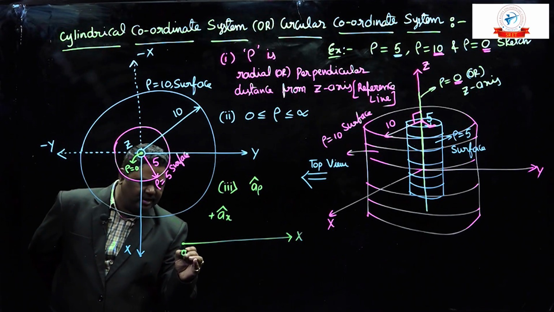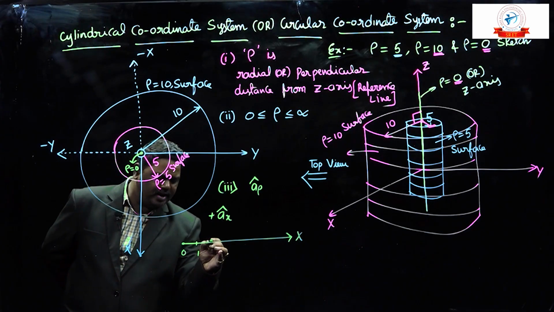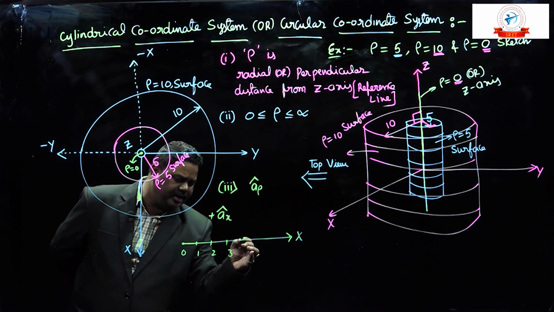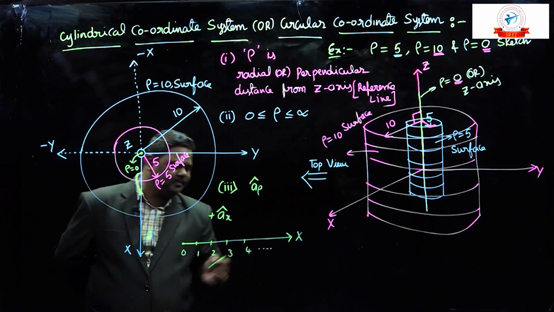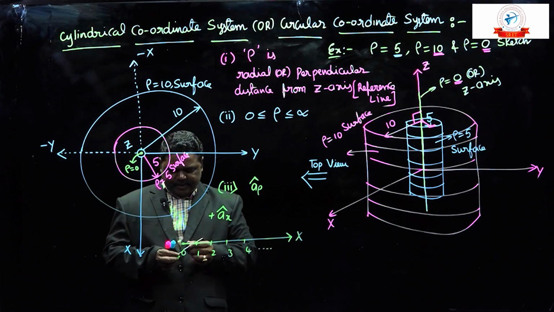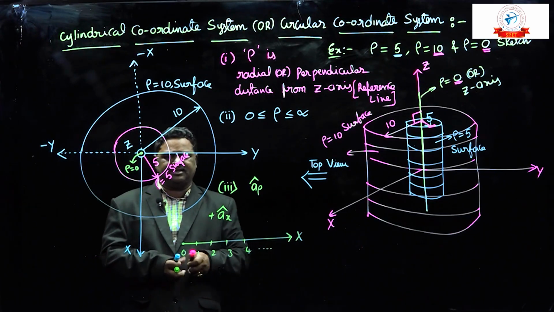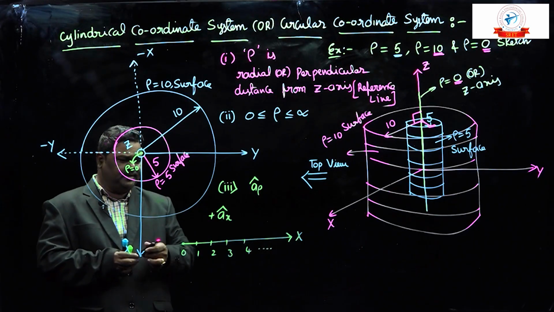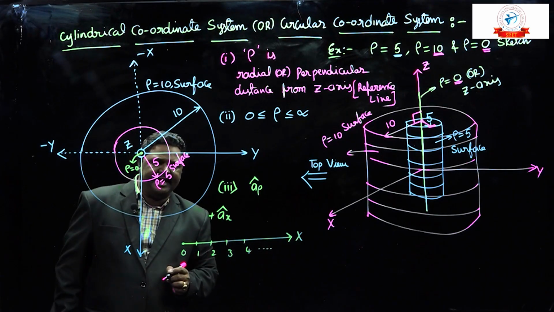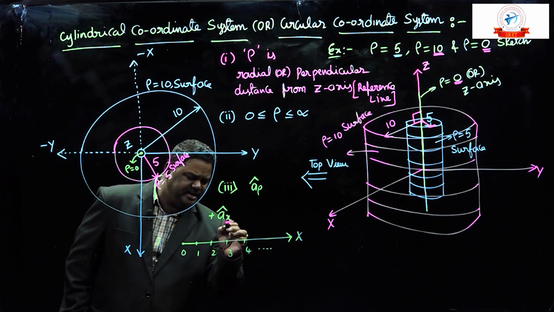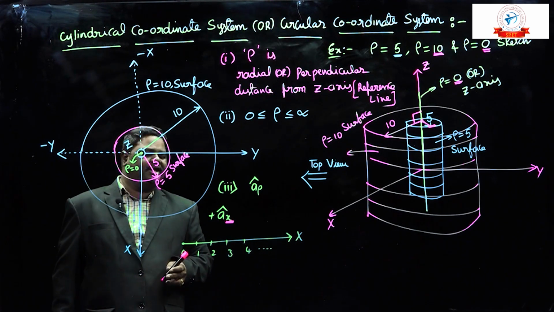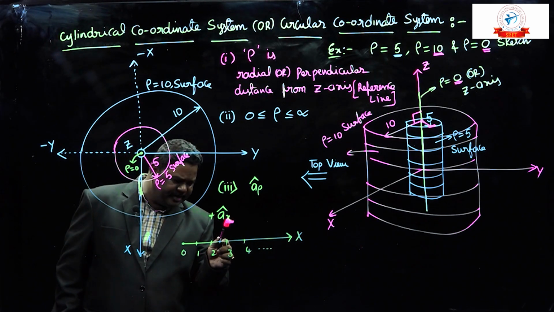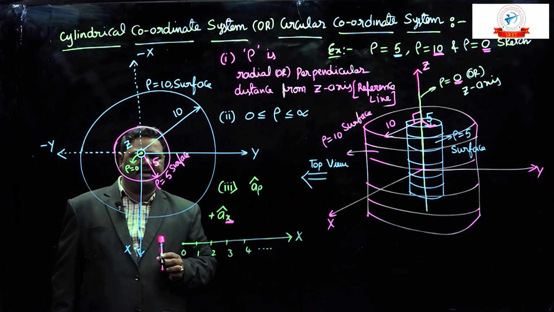There are values on the x-axis: 0, 1, 2, 3, 4 and so on. Now observe this one. How do we define these unit vectors, or how do we explain the direction of a unit vector? So a-x cap indicates or shows the increasing x direction. In which direction the x coordinate increases, that is the direction of a-x cap.